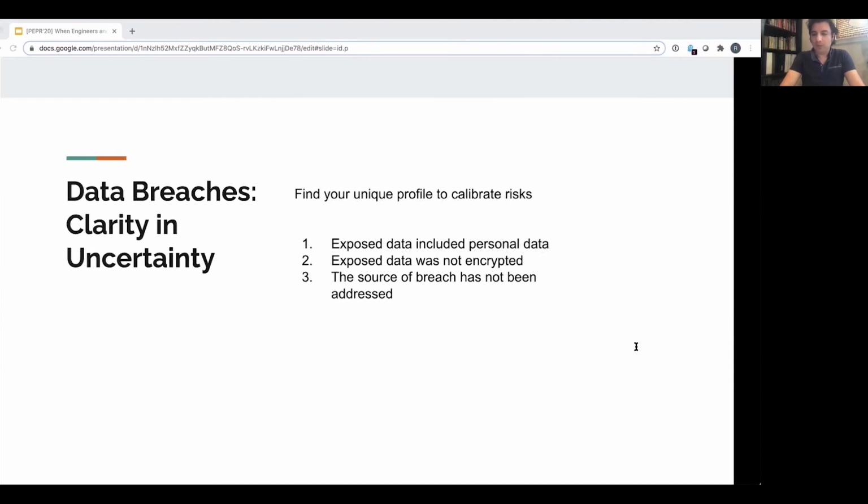Was it encrypted? Has the source of breach been addressed? And by the way, the outcome may be different based on if it's California or the EU. In California, under the CCPA, if none of this was true, then no notification is required. Under GDPR, however, you also have to consider if the processing was high risk.